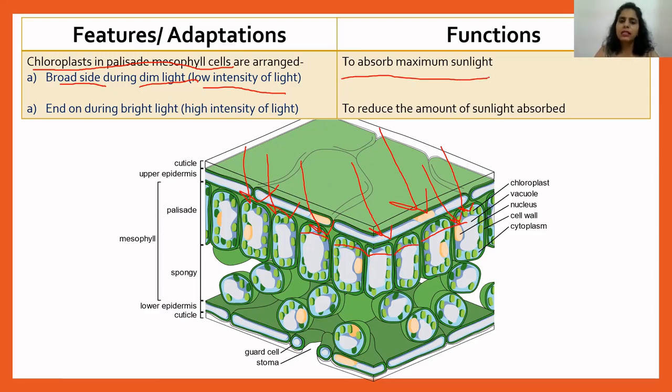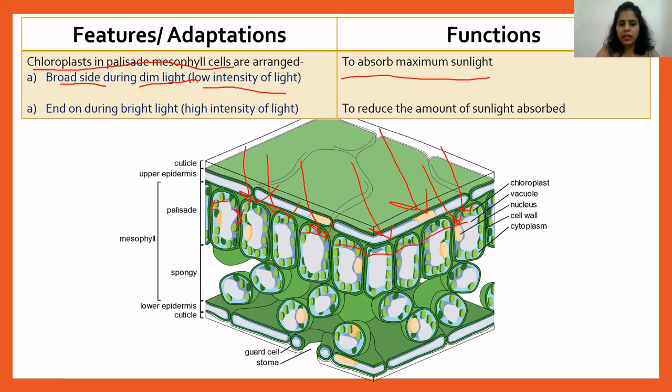But during bright sunlight, when the intensity of light is very high, the chloroplasts can easily move inside the cytoplasm. They go and arrange themselves end on.